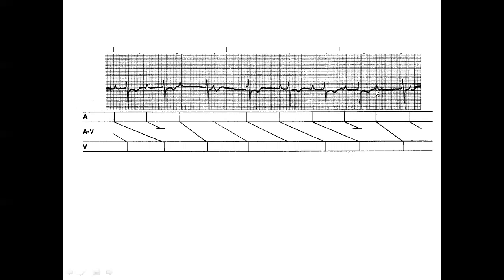And this is not the blocked P, this is the one that's conducting to the next one. So in atrial AV Wenckebach phenomenon, keep in mind that sometimes the P can be conducted not to the next one, but to the one after that.